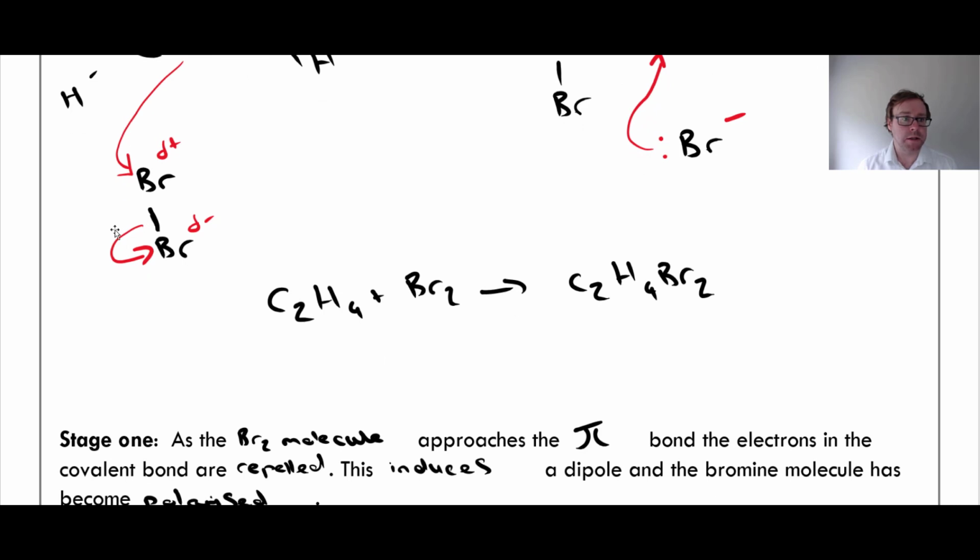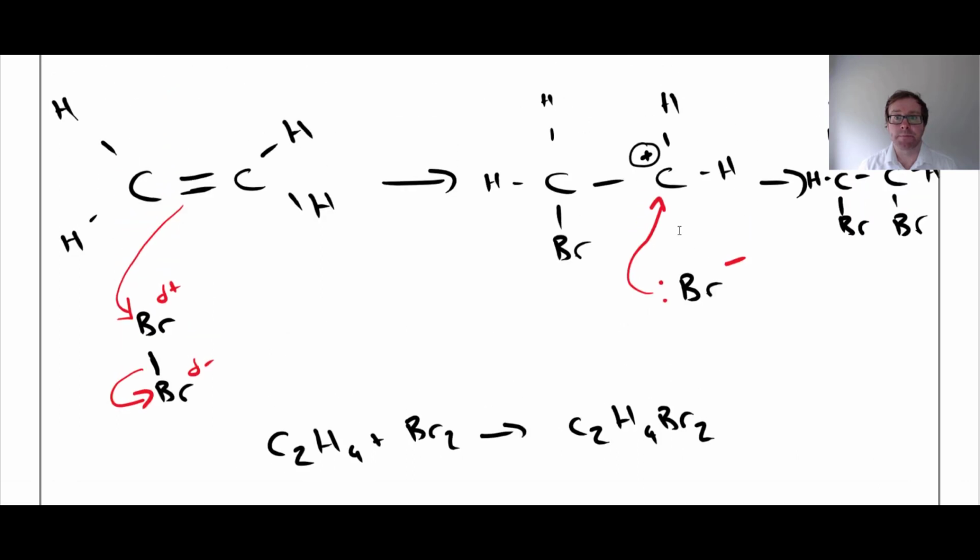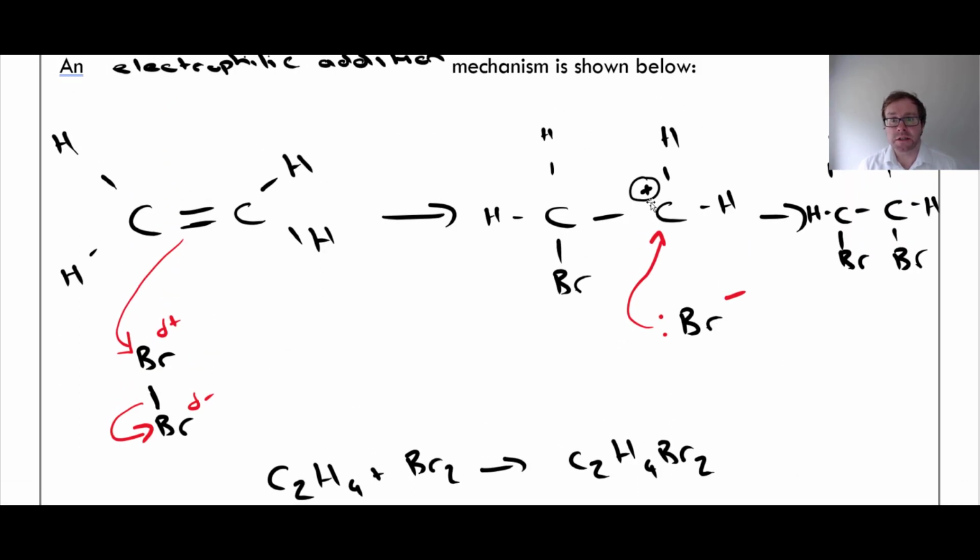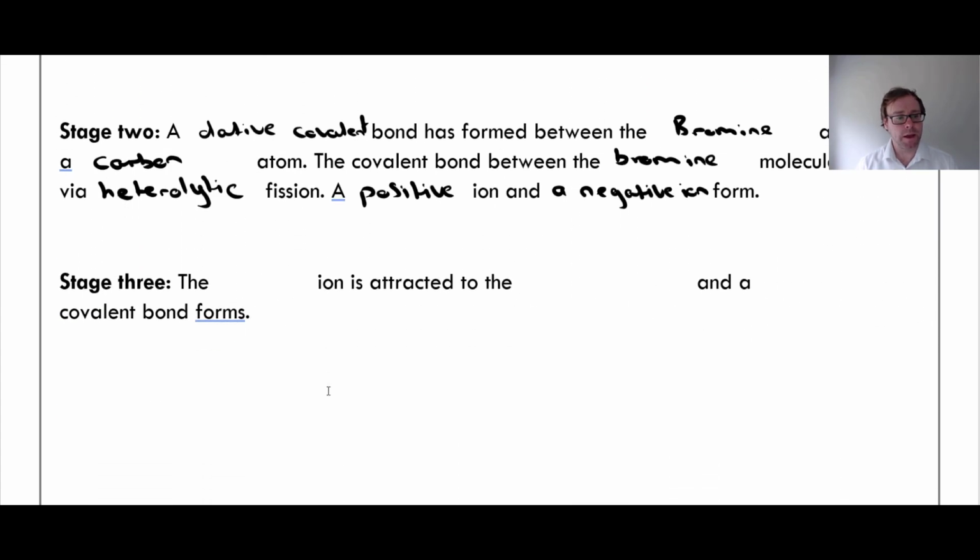Now at the same time, this covalent bond will break, and it breaks via heterolytic fission because both the electrons from the covalent bond go onto the same atom. And we know it's heterolytic fission because we have a positive ion, so this is my positive ion and this is my negative ion. Again, that's a lot of information. You may want to read through that a second or third or even a fourth time.